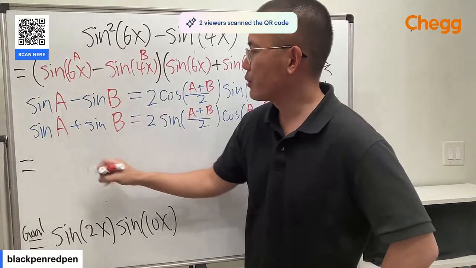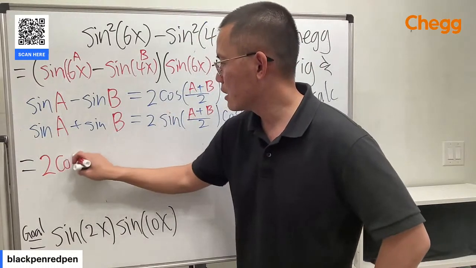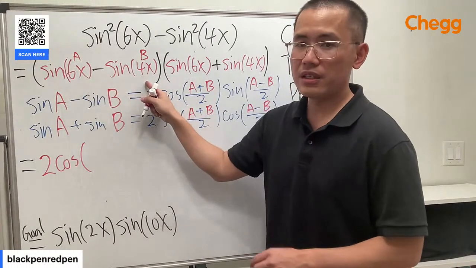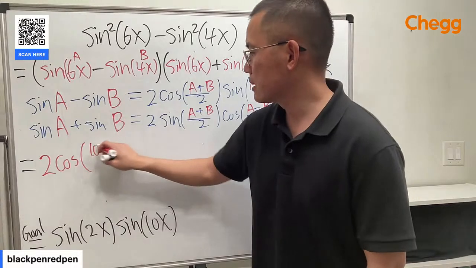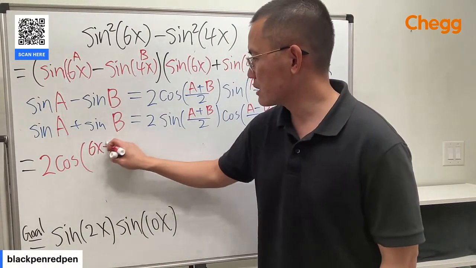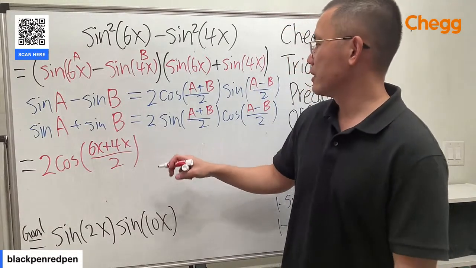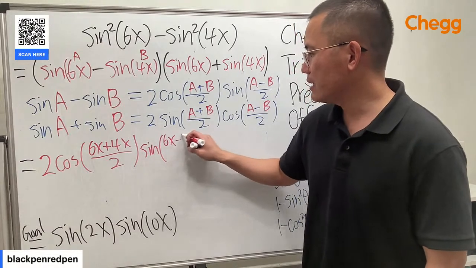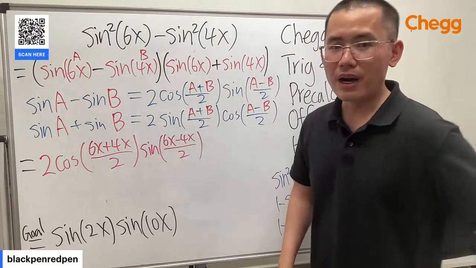So for the first part, I'm going to do it in red. We will have 2, and then we will have cosine of A plus B. So we will have to add them together and divide it by 2. So 6x plus 4x, that's 10x. Actually, I'll show you guys all the steps. 6x plus 4x, and then divide it by 2. And then times sine of 6x minus 4x divided by 2. So that's the first part.